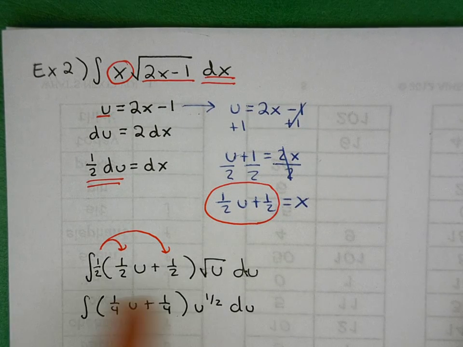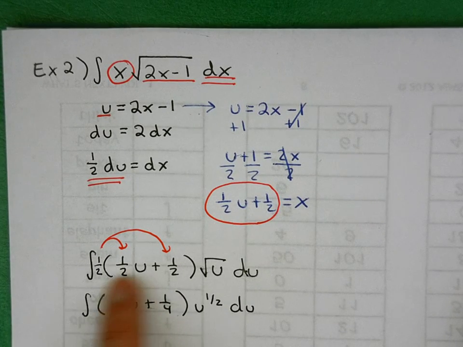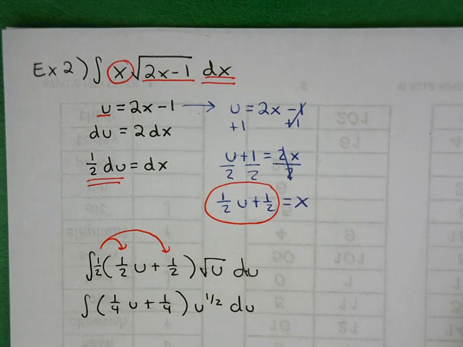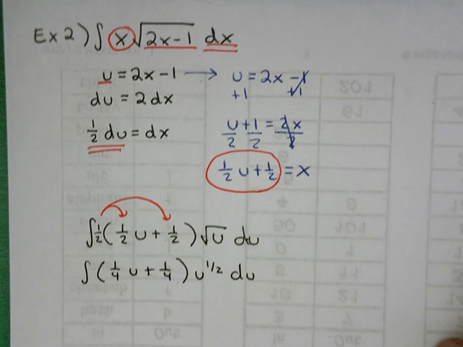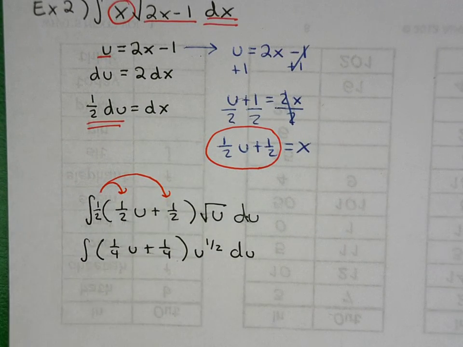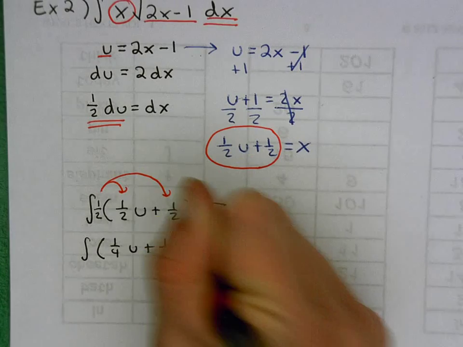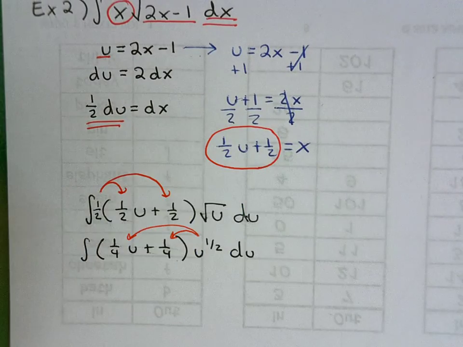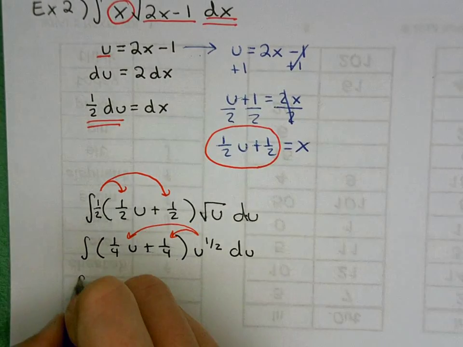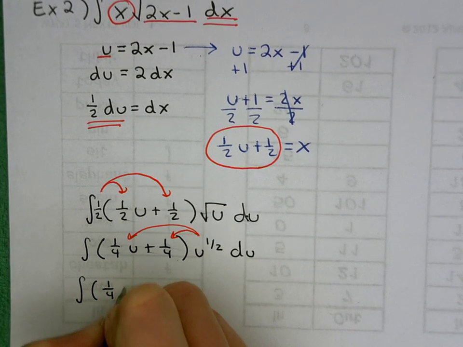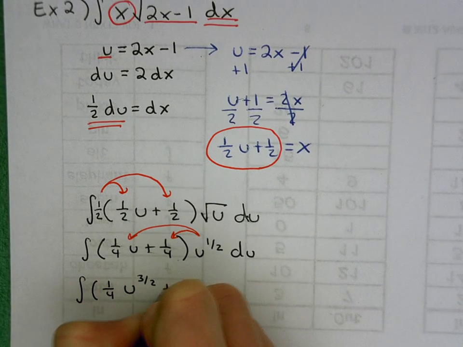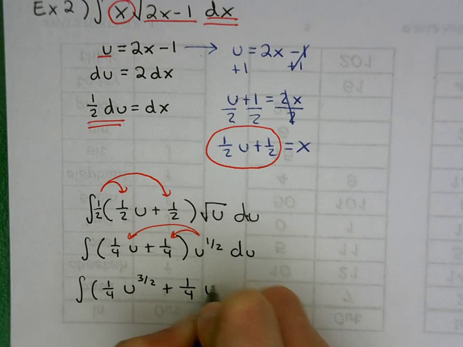Technically you could pull a 1/4 outside because you could factor an additional 1/2 out of these parentheses if you wanted to. Okay. And then we'll go ahead and distribute this u to the 1/2 in, which is going to give us 1/4 u to the 3/2 plus 1/4 u to the 1/2 du.